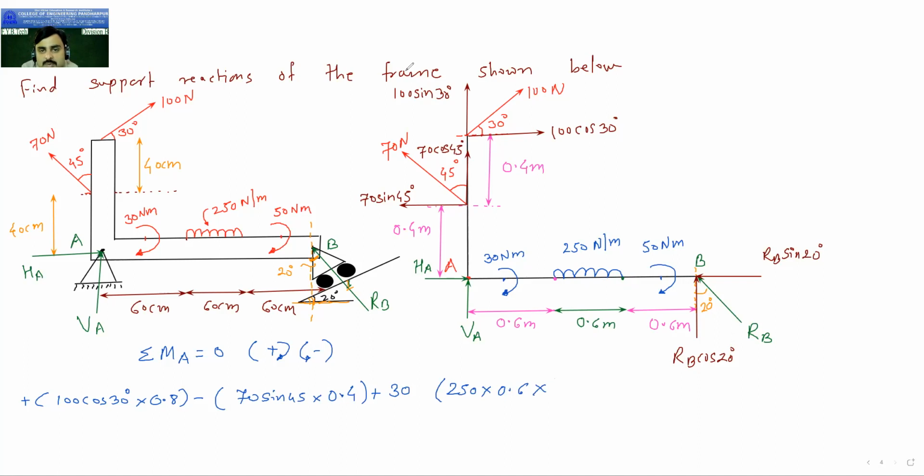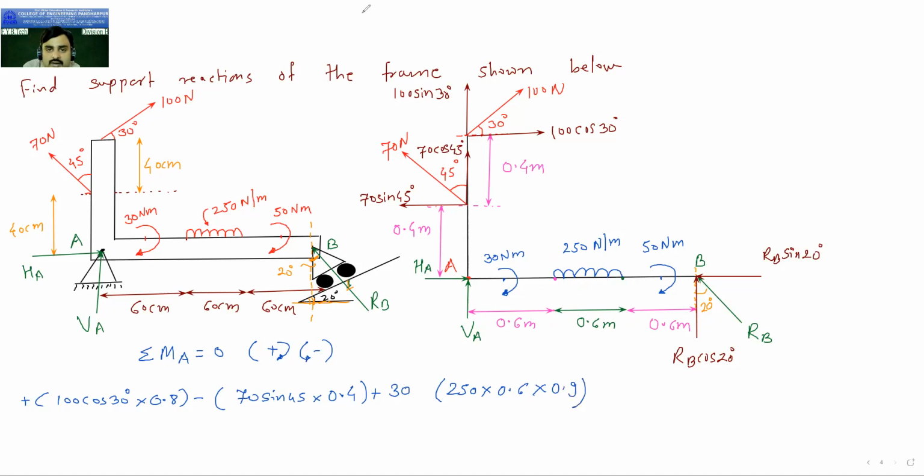If you convert this UDL into the point load, that point load will act at the center of this 0.6. So if it is acting at the center over here, then half of 0.6 is 0.3. 0.3 and 0.6. So from point A, the distance will be 0.9.